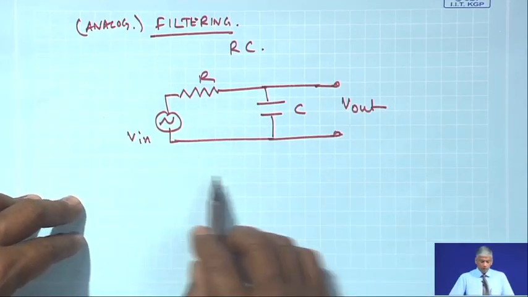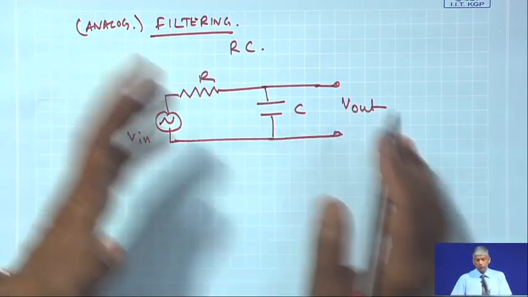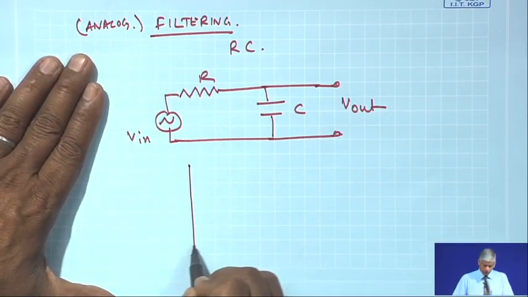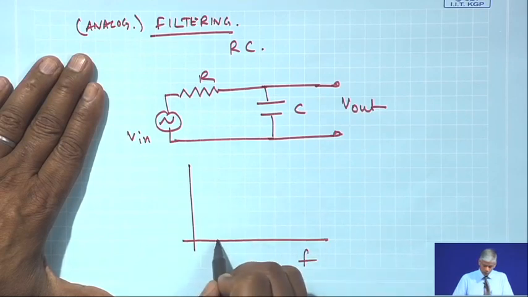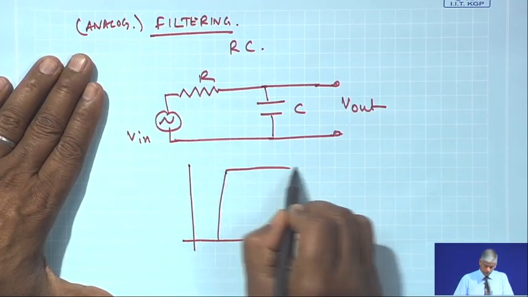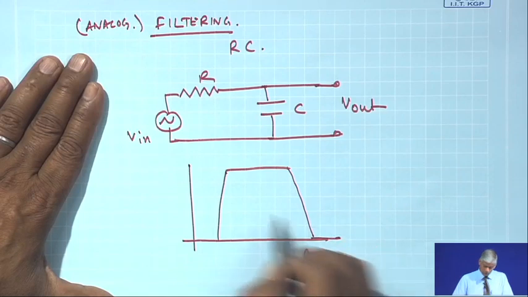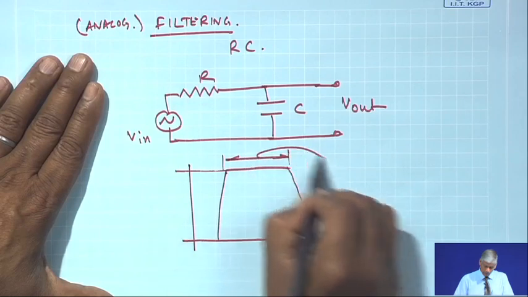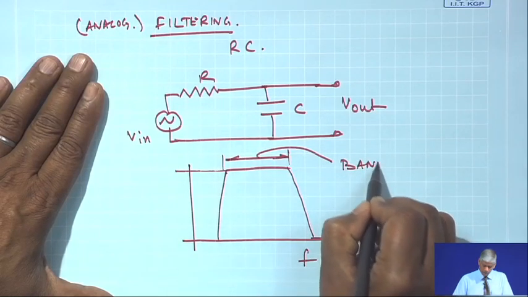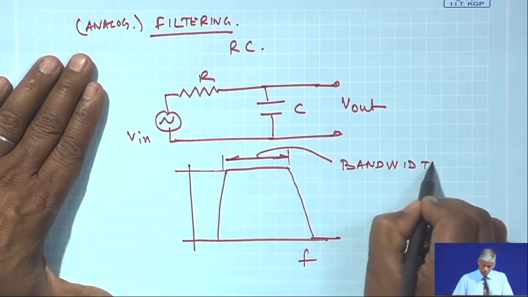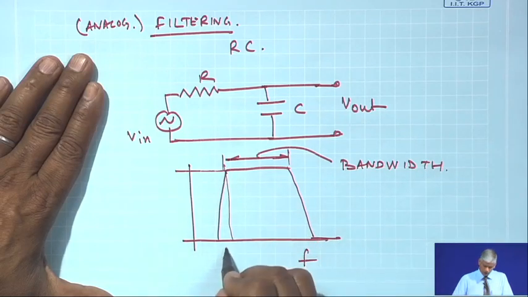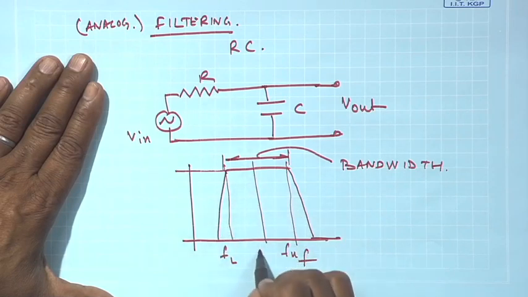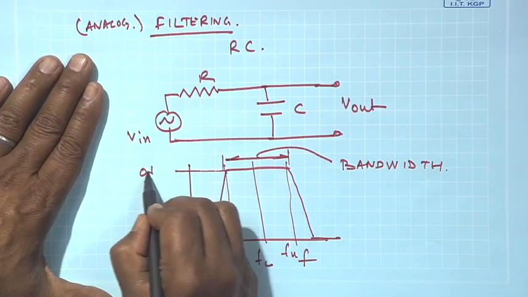I can design filters and I can have a series of such filters, and then for any signal I can have a filter which will have a certain bandwidth, and this is the F lower and F upper. I will have a center frequency, and this is 0 dB.